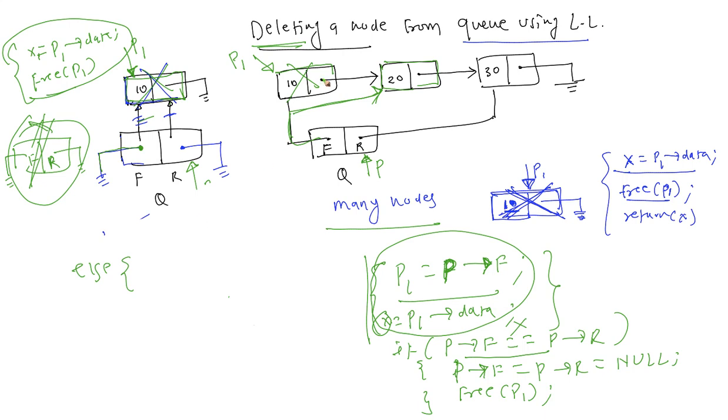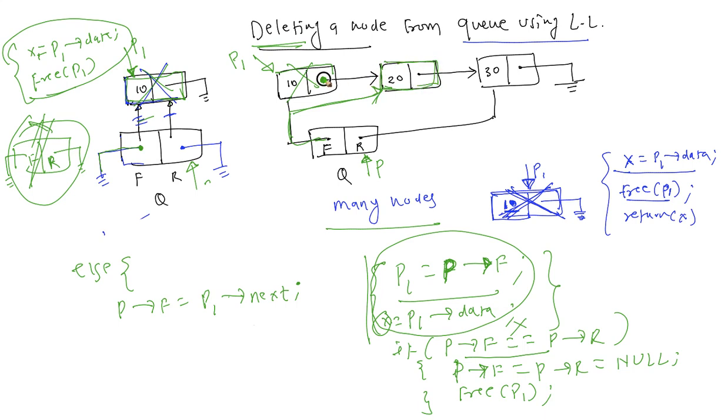In the else I'll do this pointer manipulation. What is that? P arrow F is equal to this node's address, and who is holding this node's address? Here, right? And what is the name of this pointer? Next, and it is inside the node pointed by P1. So P1 arrow next is holding the address of this node.